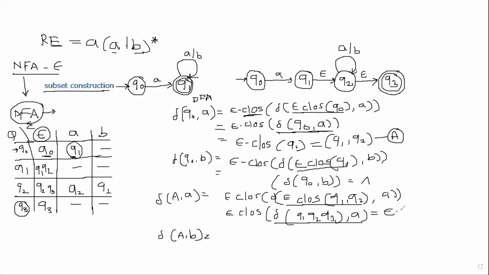So I will have epsilon closure of Q2. So what is epsilon closure of Q2 now? Q2 चा epsilon closure Q2 Q3 आहे. So I am getting a new state Q2 Q3, which I will call capital B, which is a state of DFA. पहिले A मिळाली, which is Q1 Q2 चं combination. आता मला Q2 Q3 चं combination मिळाले, which is my state B.